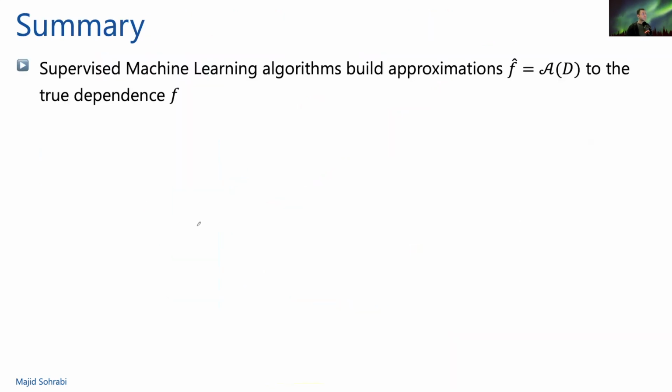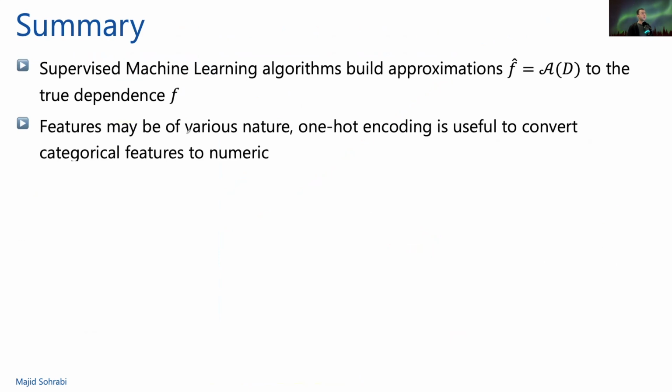As a summary, we talked about the supervised machine learning algorithm, which takes the dataset D, and we try to find a mapping which is supposed to estimate the true dependency F, which is unknown. We talked about the different types of features and their nature, and how we can encode them into numeric if we have a categorical feature.